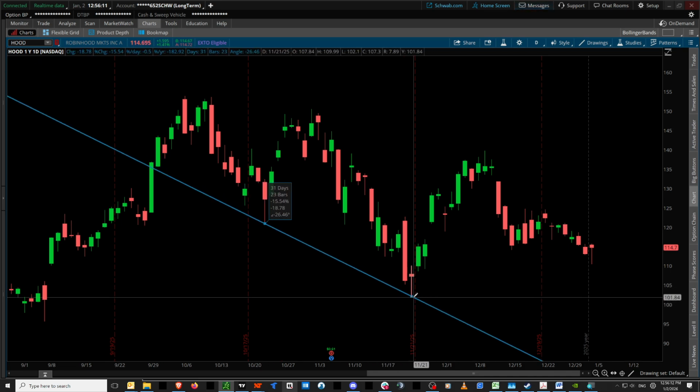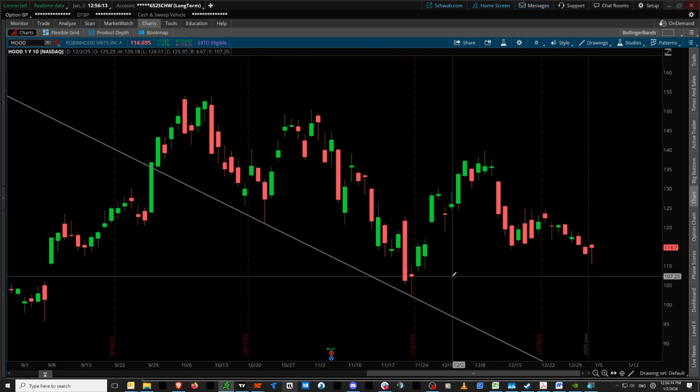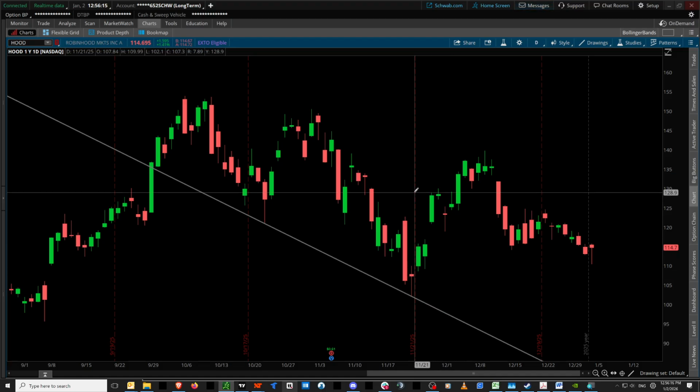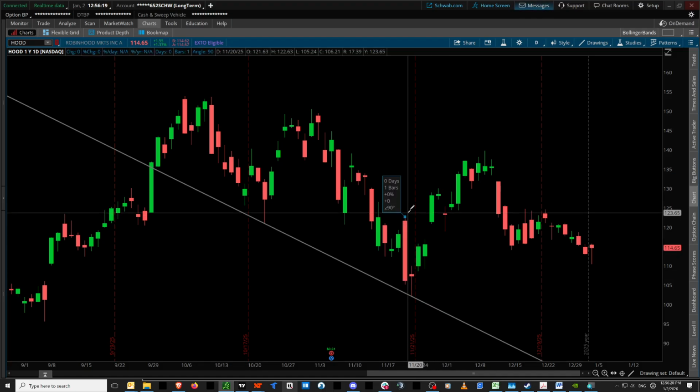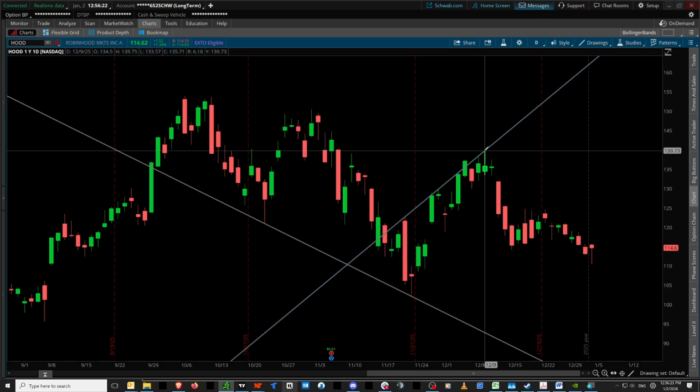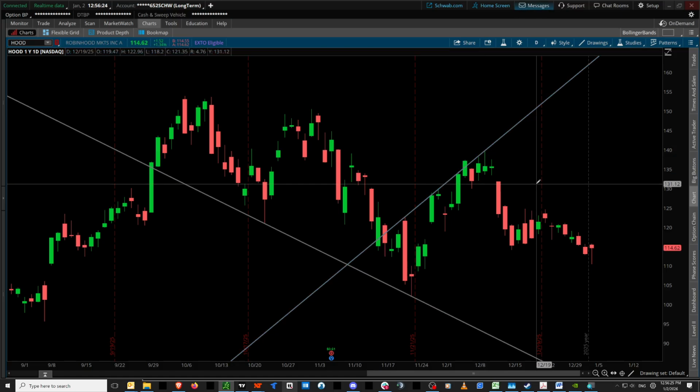This is also known as a megaphone. Here is a high, and here is a high. That is showing us a broadening formation for which trading can go.